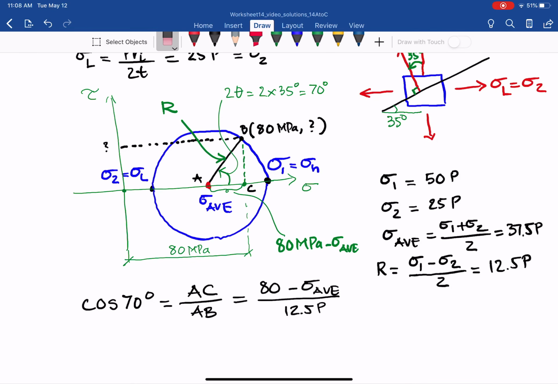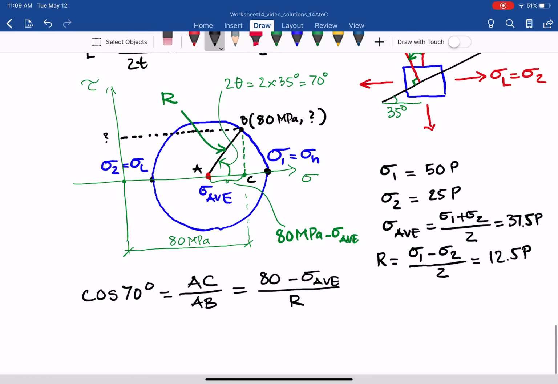Let's put the radius first before we put down the numbers. So the cosine of 70 degrees, let's see, that equals 0.342. So 0.342 equals 80 minus sigma average, 37.5p, over 12.5p.